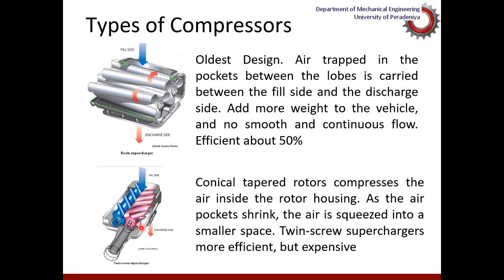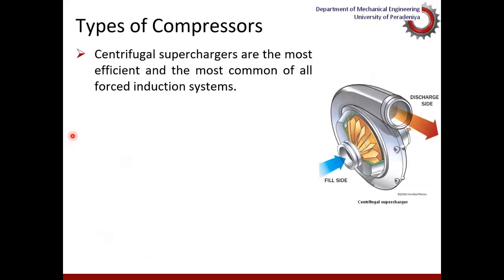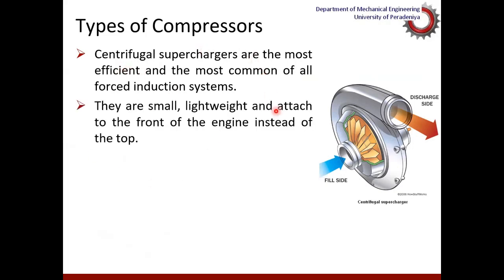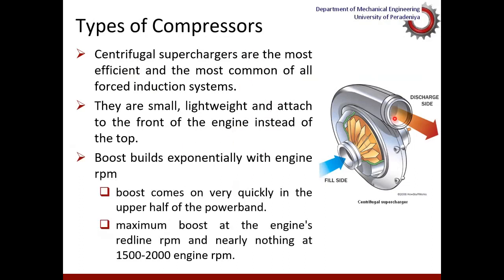This is more efficient than the Roots compressor, but the drawback of this design is that it's very expensive. Accordingly, the most popular type of compressor used frequently in internal combustion engines is the centrifugal supercharger, which is more efficient, and you can make it smaller in size and lightweight.